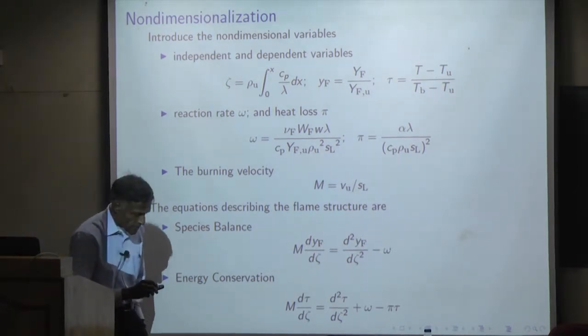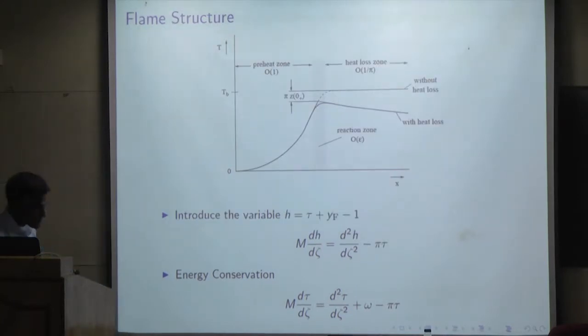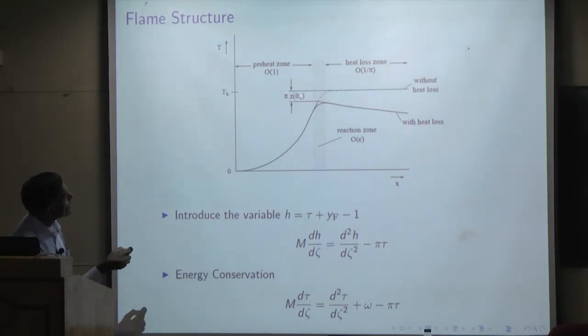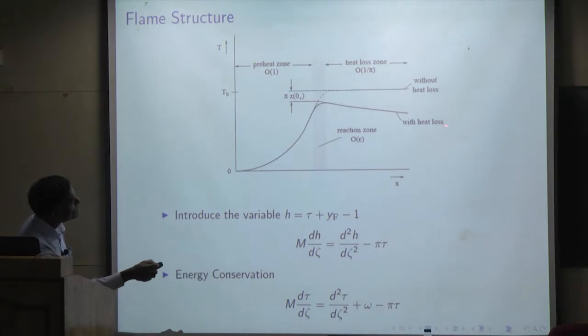Okay, right. So now here's a very rough sketch of what's actually going on. You can see that this is a flame, and then the preheat zone, the preheat zone is unaffected, and then this is the post-flame zone, where there is a volumetric heat loss.